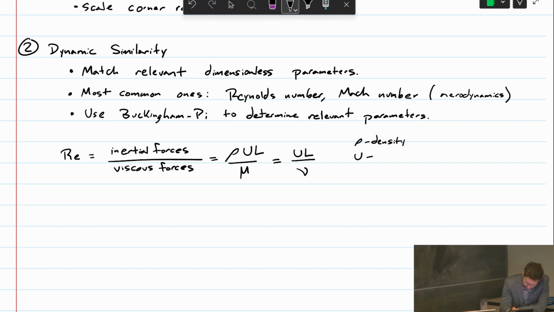U is a relevant velocity scale. L is a relevant length scale.